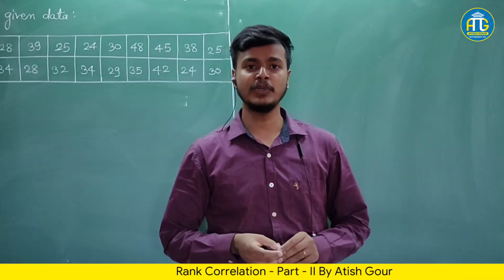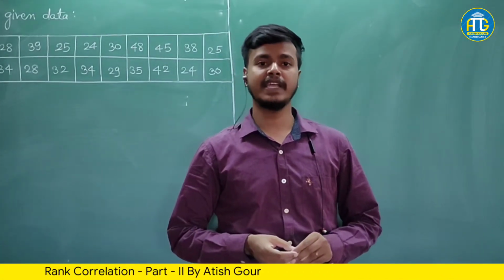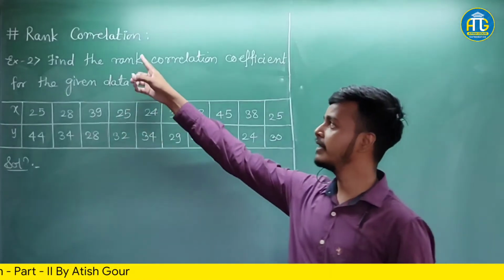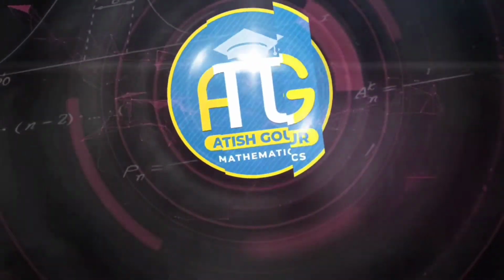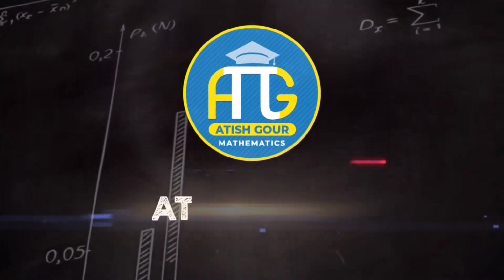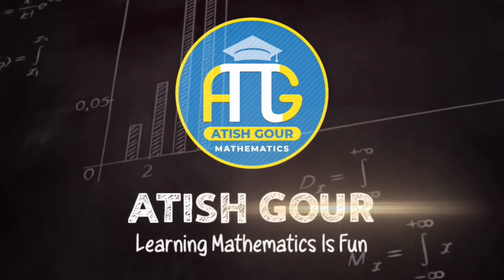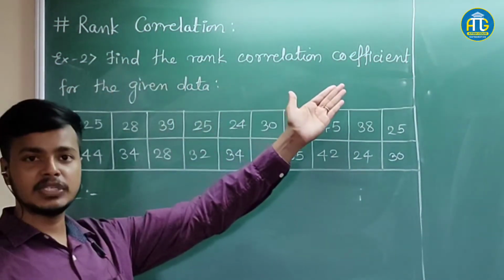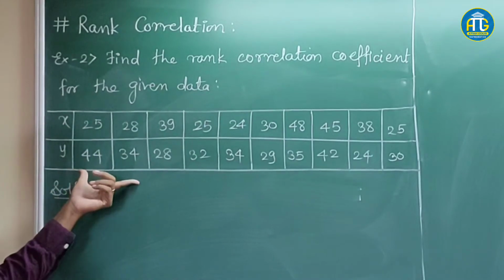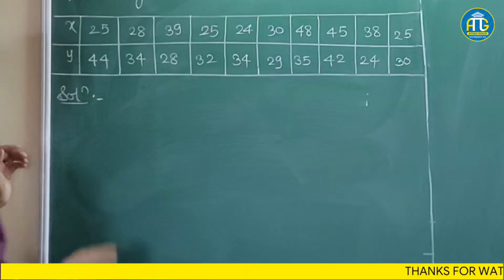In this learning video, we are going to take another variety of problem on the topic rank correlation. Let's see what is given to us. We have to find out the rank correlation coefficient for the given data. So what is the number of data here?